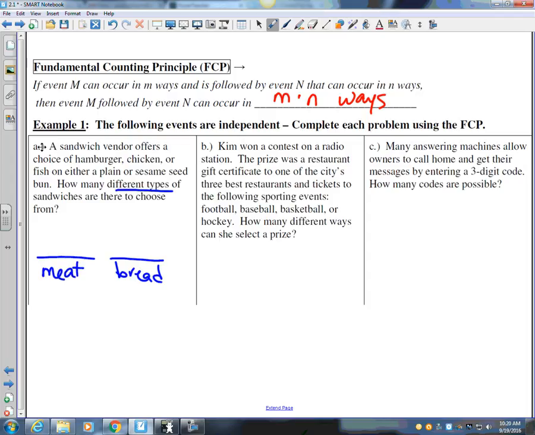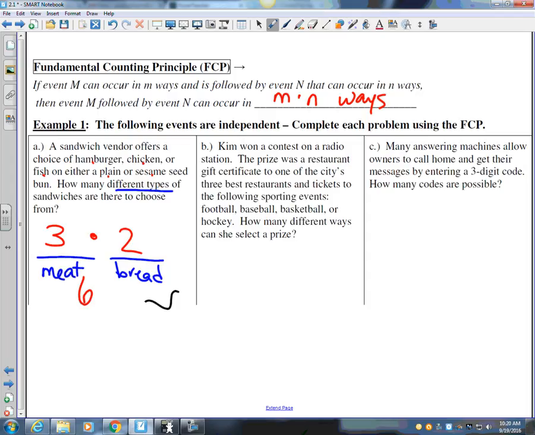What are they? Good. Or fish. So you got 3 of them. How many choices of bread do you have? 2. What are they? Plain and sesame. According to the fundamental counting principle, you're going to multiply your choices. So 3 times 2 is 6. So there are 6 different sandwiches.